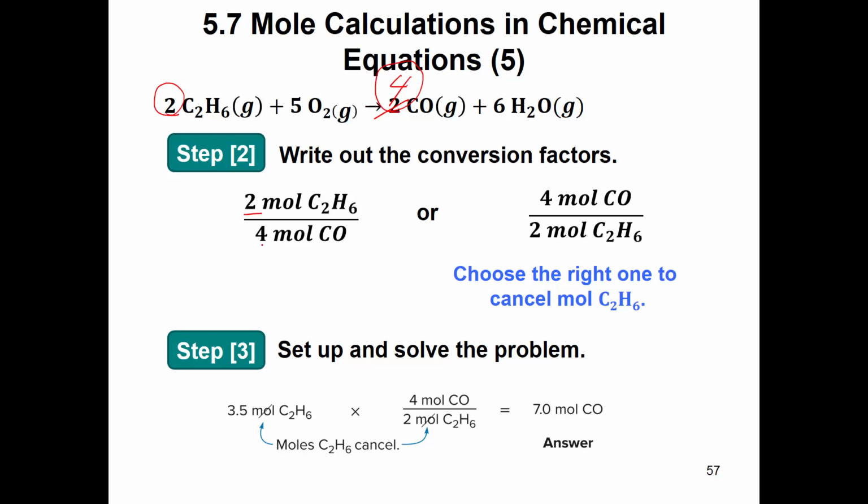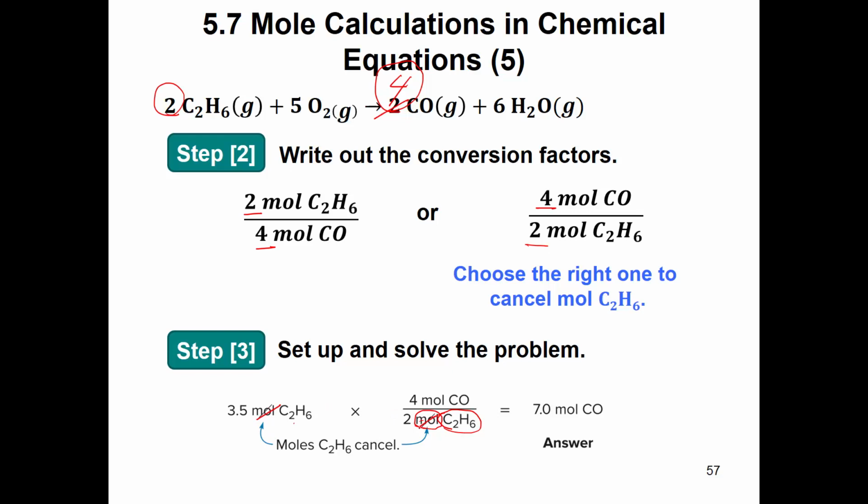So 2 moles of C2H6 over 4 moles of CO. And of course, like all conversion factors, I can write it right side up or upside down. It just depends on what I need to get rid of. So when I set this up, I've got 3.5 moles of C2H6 to start with, so I know immediately that I need moles of C2H6 on the bottom because those have to what?